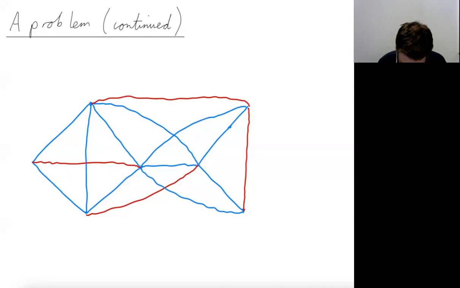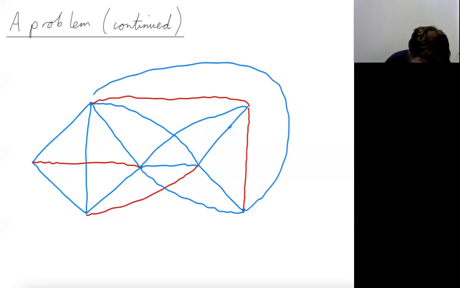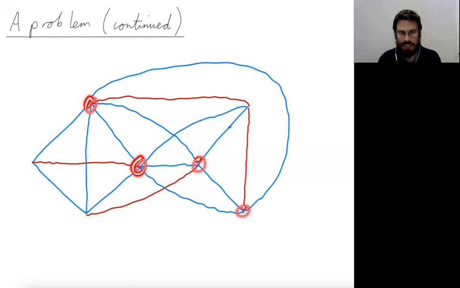But now you've lost because the second player can join up these two vertices, and they've got all the edges between these four vertices here. Right? If you just look, any two of those vertices are joined by a blue edge in this picture. And so the second player has actually forced a win.